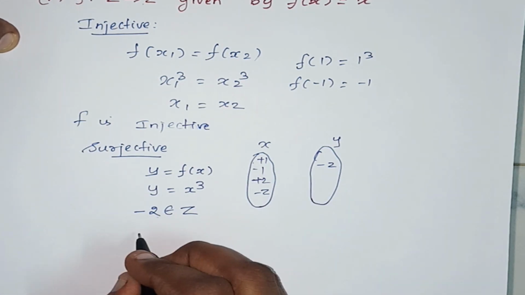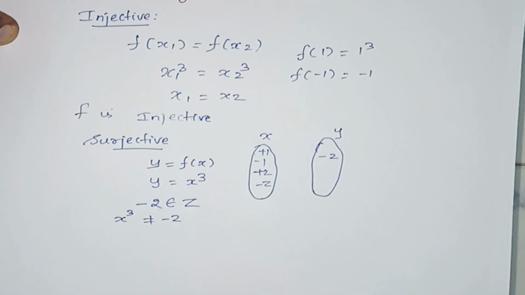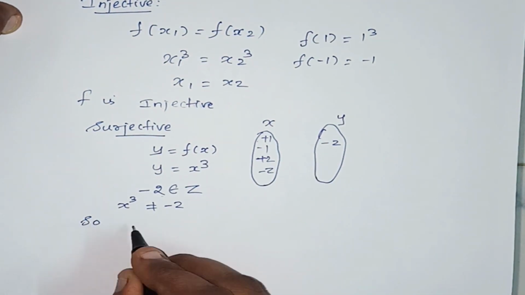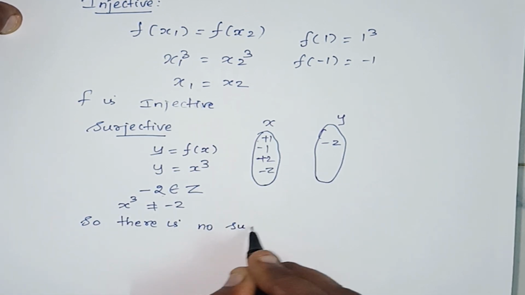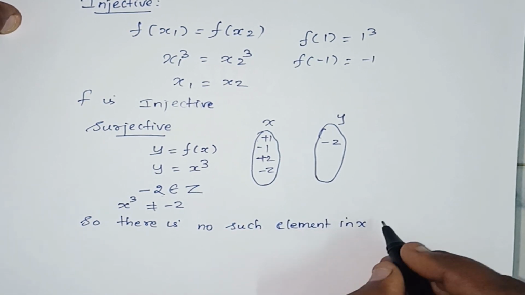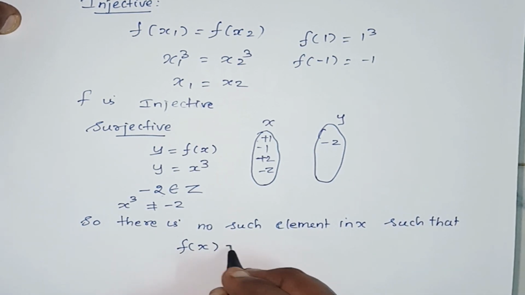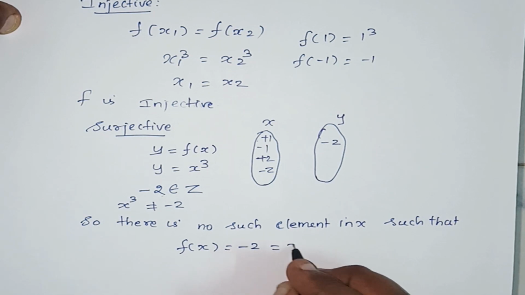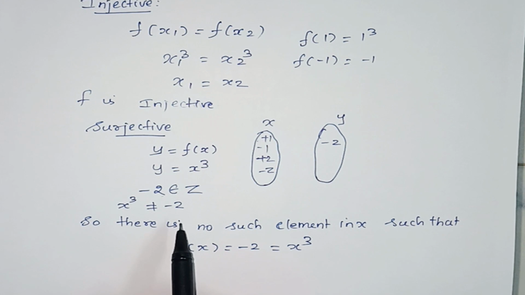So that is, x cube is not equal to minus 2. So there is no such element in x such that f of x is equal to minus 2. That is x cube. I am taking minus 2 as an example only. You can take any other element like minus 3, minus 4, minus 5.